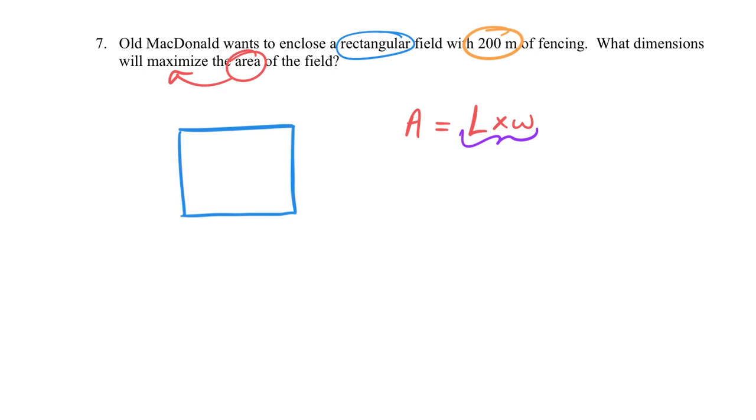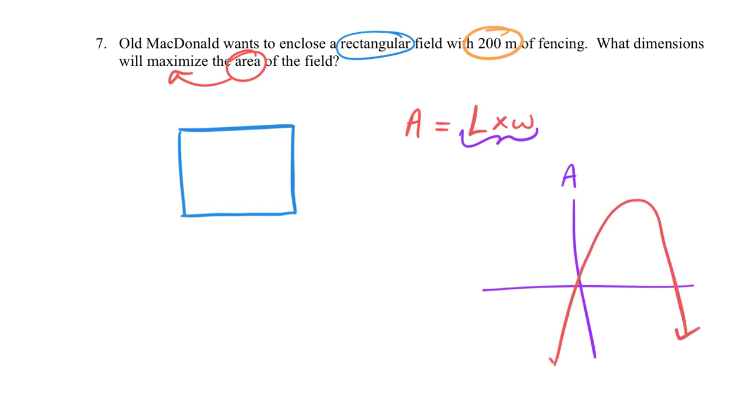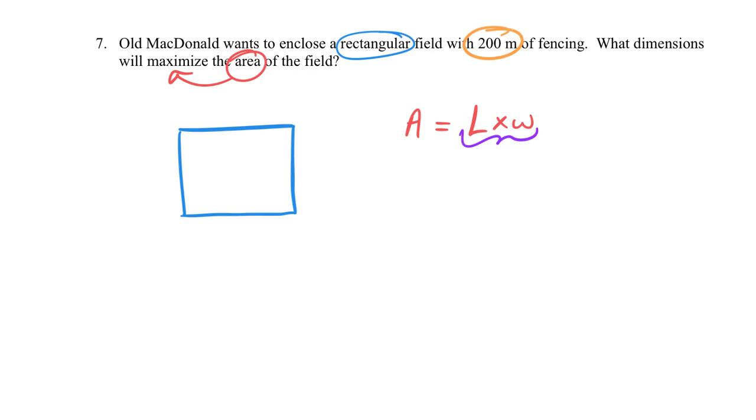I need my function to be in one variable so it represents an area function where I could have a parabola and I could find the maximum value. So having both L and W there isn't good.